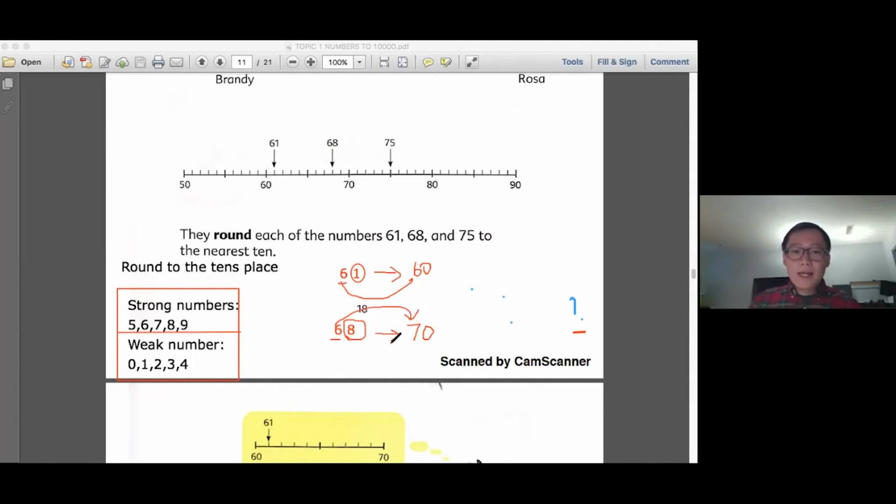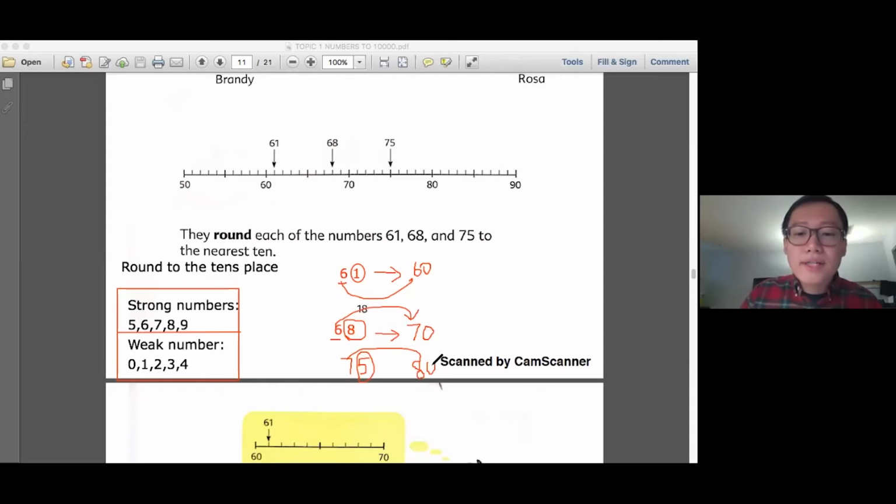Okay. Let's look at another number. Let's do 75. Anyone want to volunteer? What number will 75 round to? Eric, did you raise your hand? Can you tell me? 80, because we need to look at the number 5 in the ones place. 5 is a strong number, so it's going to push the 7 to be an 8 in the tens place.